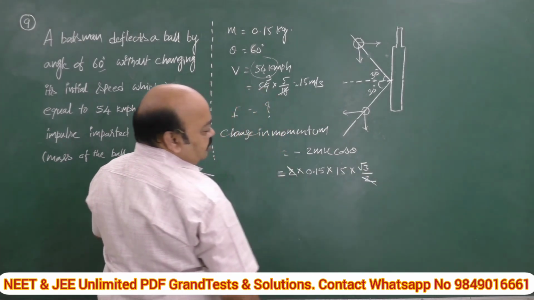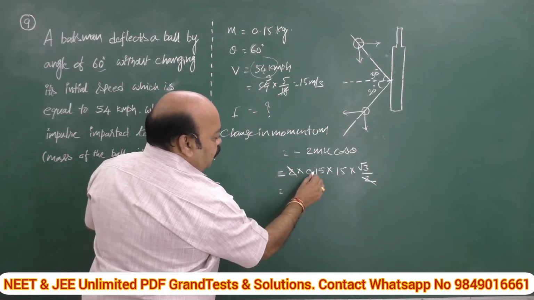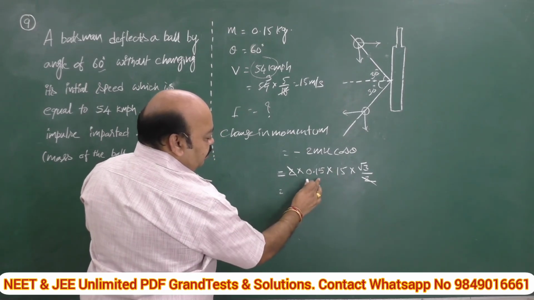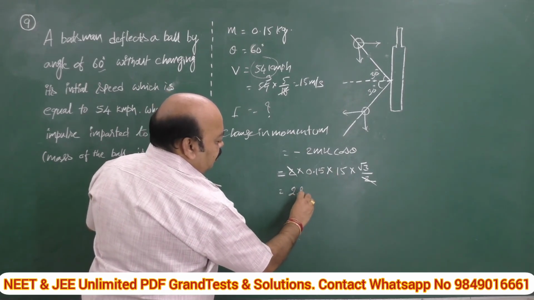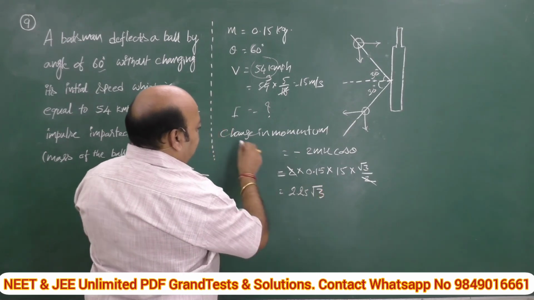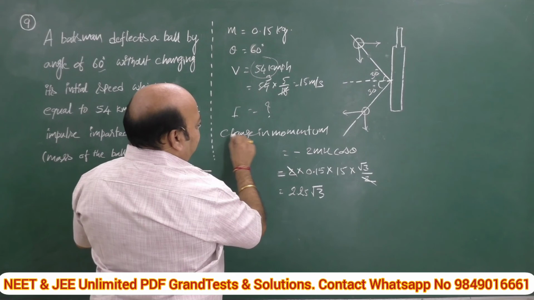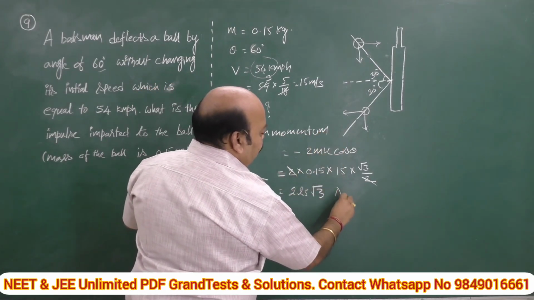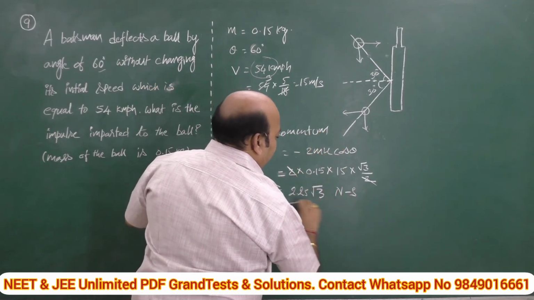This 2 gets cancelled, it's a numerical part. 0.15 into 15, 15 15s are 225. Of course, it is nothing but 2.25 root 3. Since it is impulse, the change in momentum is taken. Unit is nothing but Newton second, which is the right answer.